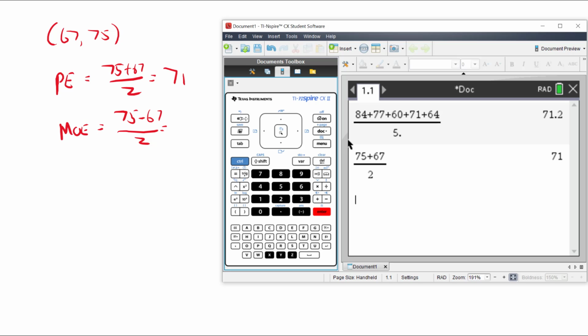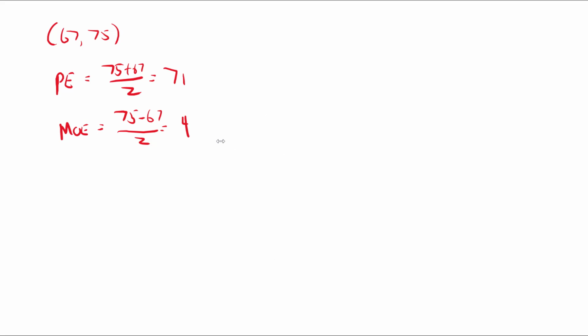Let's make this easier on the calculator. We should get 4. So our point estimate was 71, and our margin of error was 4, which we came up with.